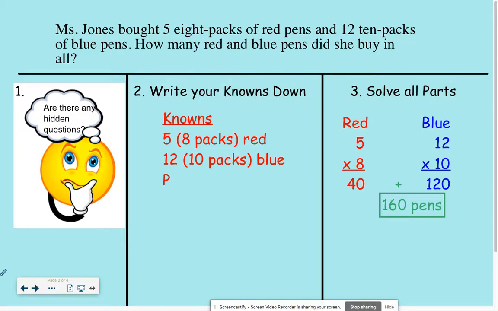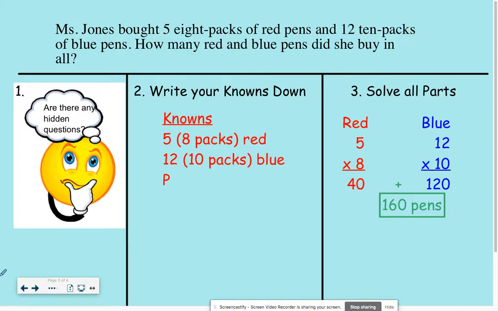The very first thing you should always think of when you get a question is, are there any hidden questions? That means, is there something that you need to solve before you can come up with your ultimate answer? The ultimate answer in this one wants to know how many total red and blue pens she bought.